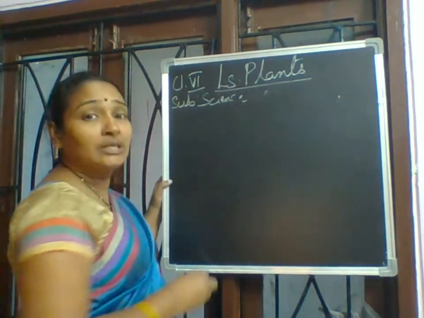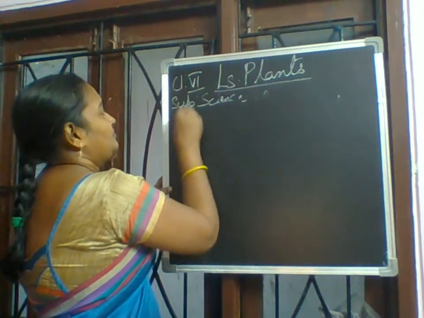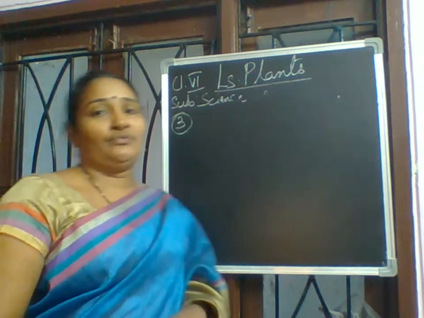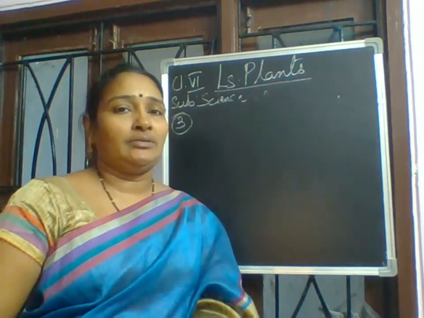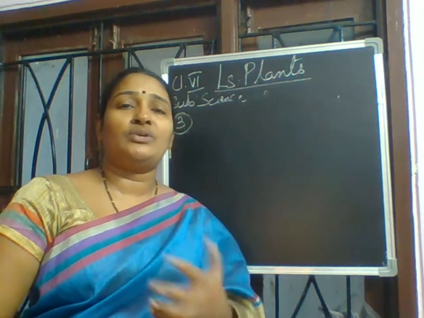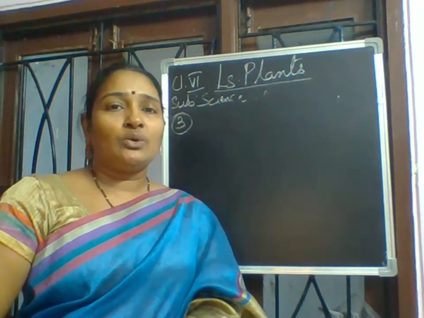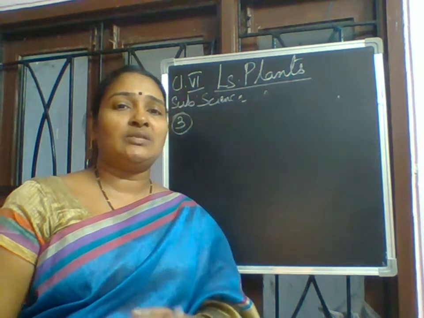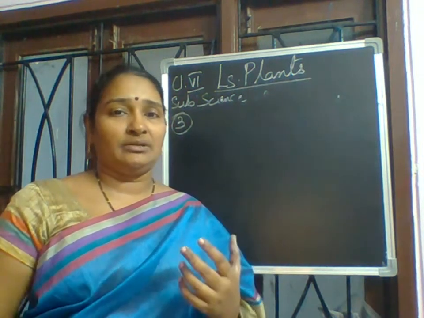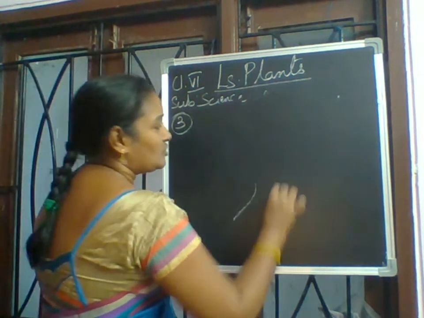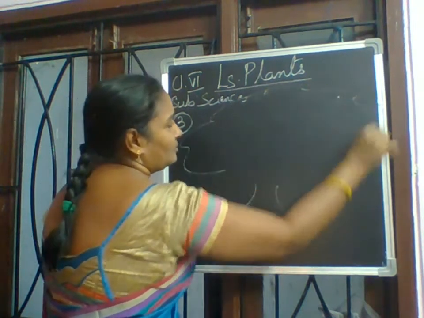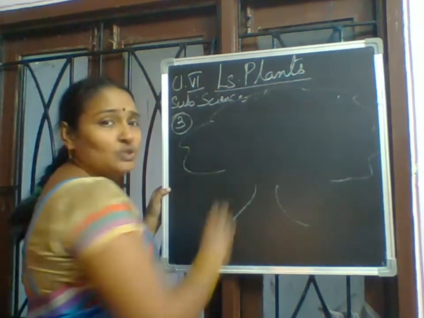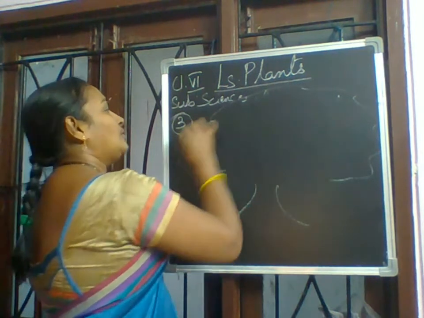Now we will see the third modification. In the third modification, you can see the banyan tree. The banyan tree will grow for some years, and the branches will be very, very widespread. At that time, it becomes too heavy and it may fall.